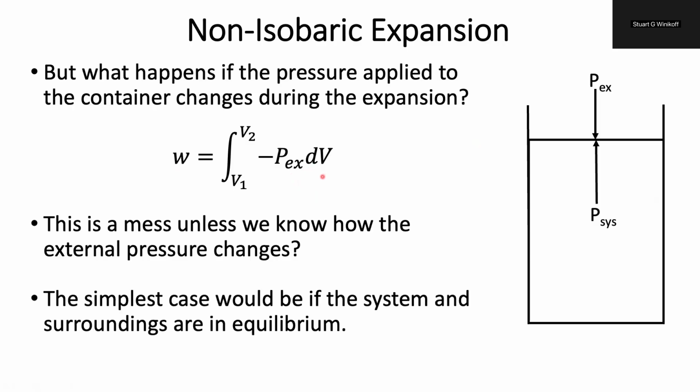Now, the easiest way to do this is to assume, hey, what if pretty much throughout this whole change, the external pressure and the system pressure were the same? So the pressure being put on the system and the pressure the gas in the piston has resisting that change, if they're identical, now I've got an equation.